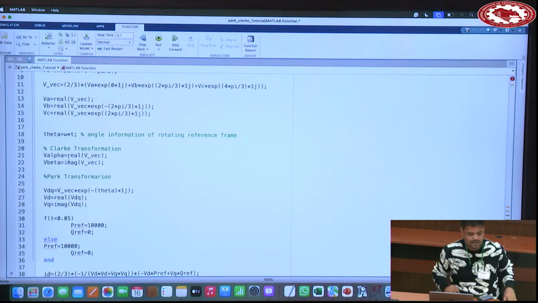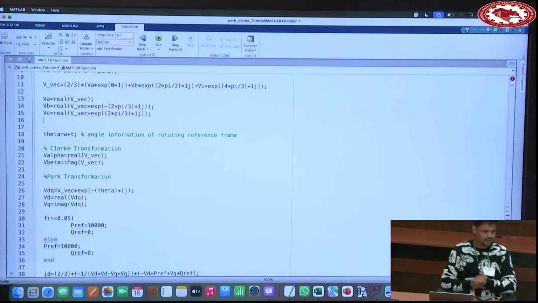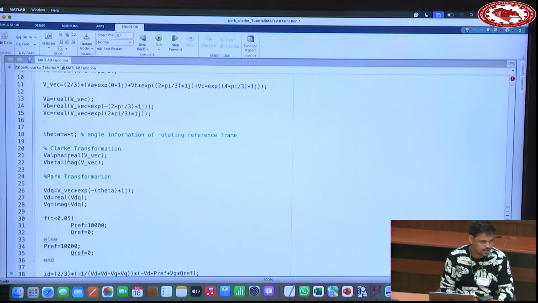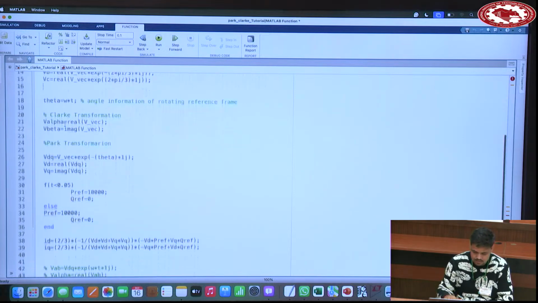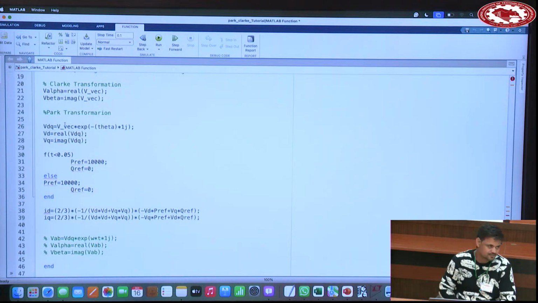Clarke transformation. V alpha is going to be the real part of the V vector and V beta the imaginary part of the V vector. I have included these variables V alpha, V beta at the output so that we can see these signals on the scope. For Park transformation, what is to be done?